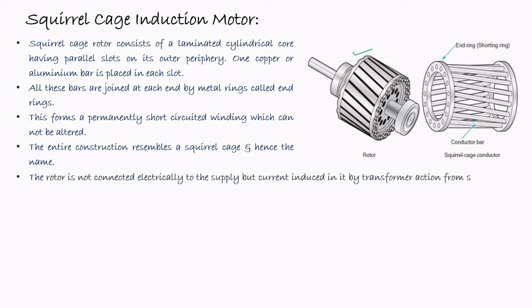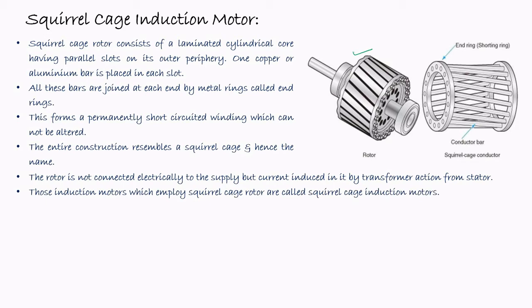Here, the rotor is not connected electrically to the supply, but current is induced in it by Faraday's law of electromagnetic induction that we have already discussed and we will discuss in detail later. So, the induction motor which employs the squirrel cage rotor is called the squirrel cage induction motor.